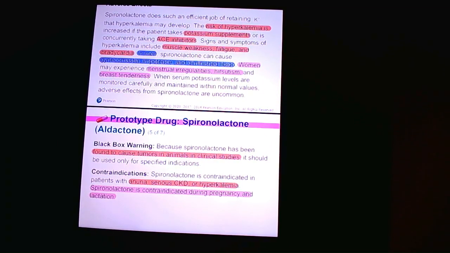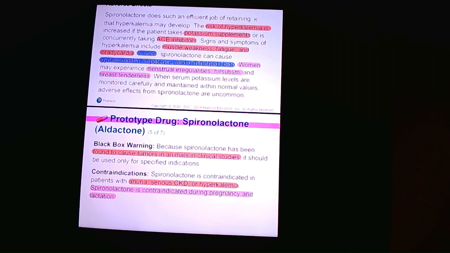In men, there's going to be weird hormonal stuff going on. Gynecomastia, which is basically breast development in men. Impotence, which is, well, I mean, it's impotence. And diminished libido, which is part of impotence. In women, they have menstrual irregularities. Unfortunately, I'm not too sure what this is.